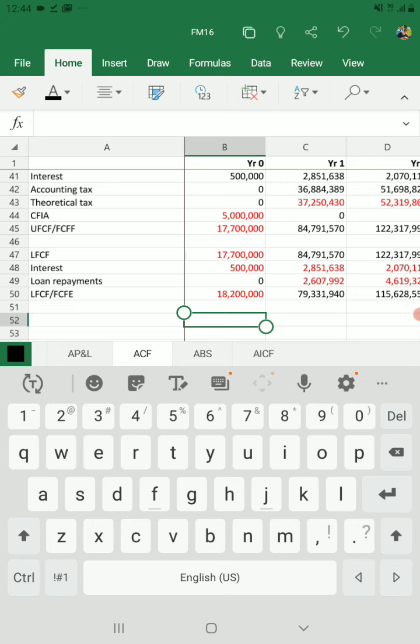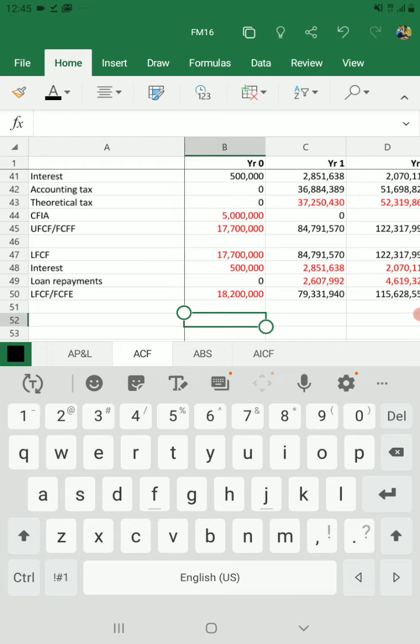Okay, so it is called levered free cash flow, or free cash flow available to equity, or free cash flow to equity. Okay, so this one is not used for valuation purposes, levered free cash flow, because capital structure is discretionary, so it will not be comparable between one company and another when you use this one. Okay, so that's the main reason for using the unlevered free cash flow component on top there.